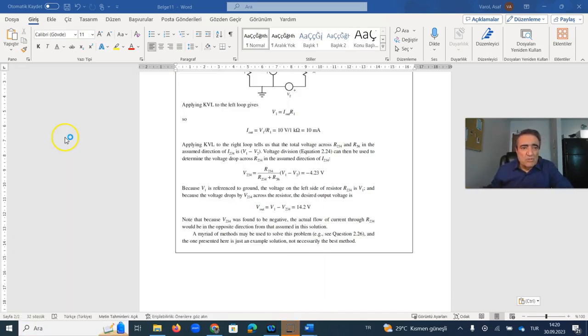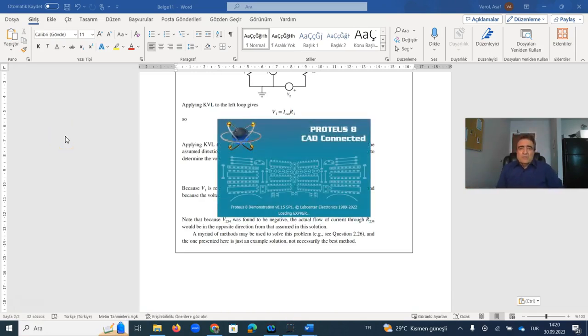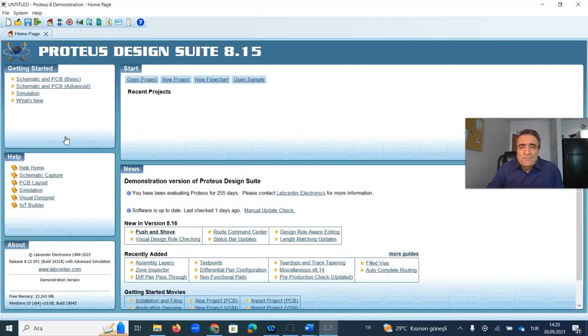I downloaded it earlier and now I am waiting for the Proteus simulation software program to load. We are waiting a little bit. Okay, now this is our main page.